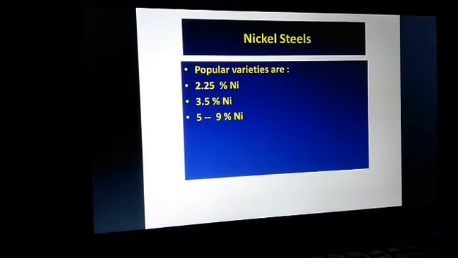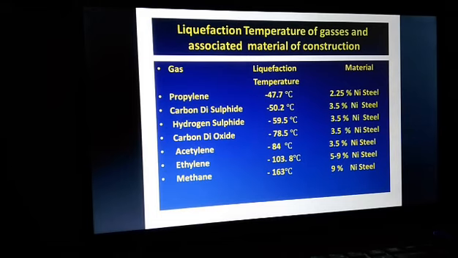Nickel steel. Popular varieties are 2.25% nickel, 3.5% nickel, 5 to 9% nickel. Liquefaction temperature of gases and associated material of construction.